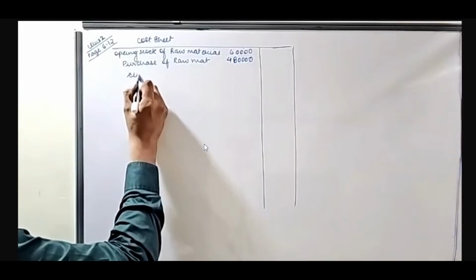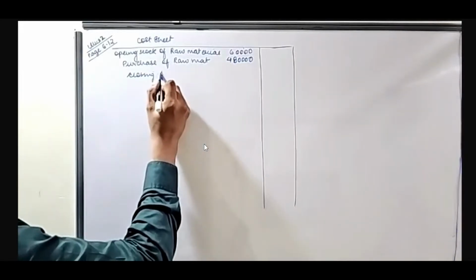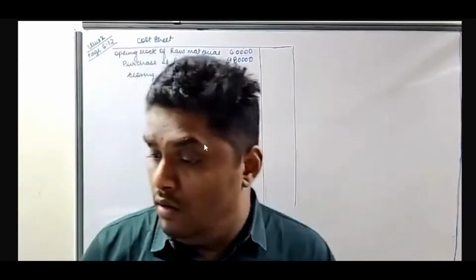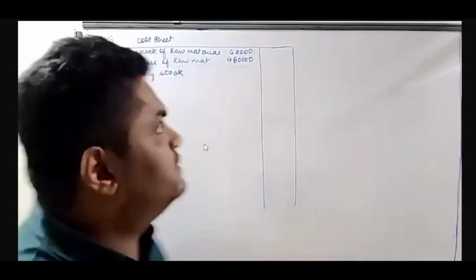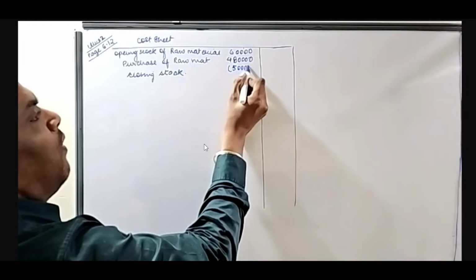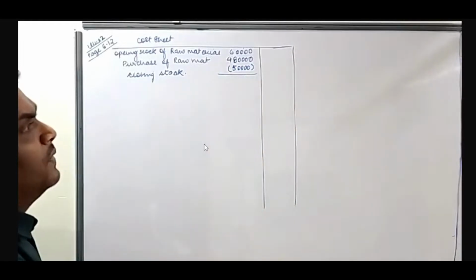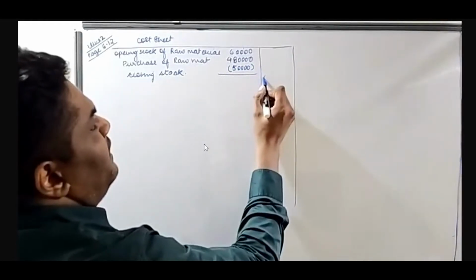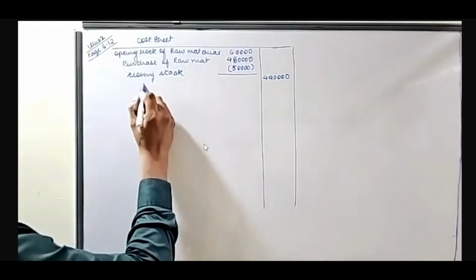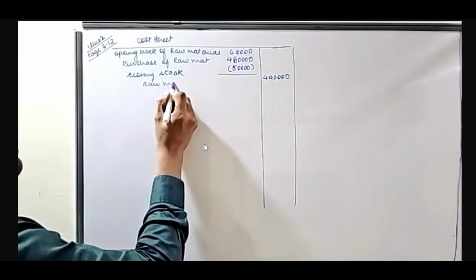And closing stock is also given, that is 50,000. So this will be 4,90,000 raw material consumed.